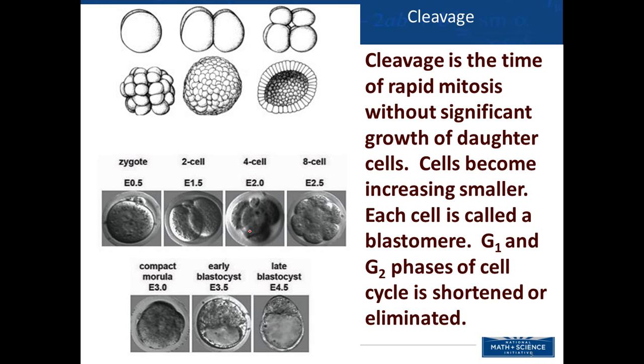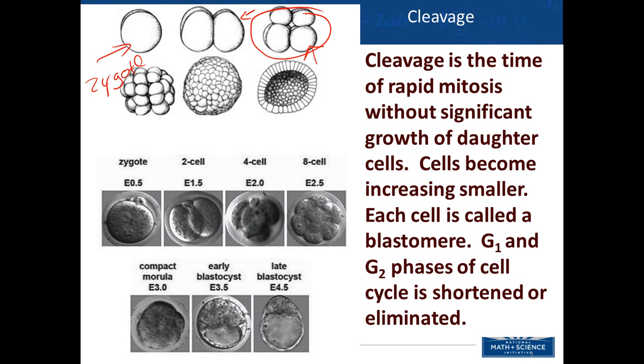So we have an example here in which here is a zygote, and that's a fertilized egg. And now we're starting to see division, in which here we have 4 cells, and here we have 8 cells. And you can see the volume remains the same, but every time the cleavage occurs, the cells are getting progressively smaller.